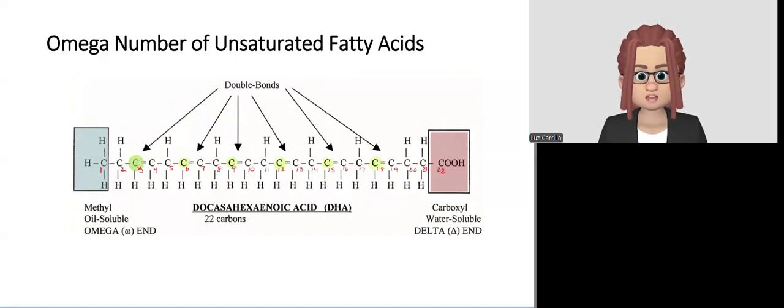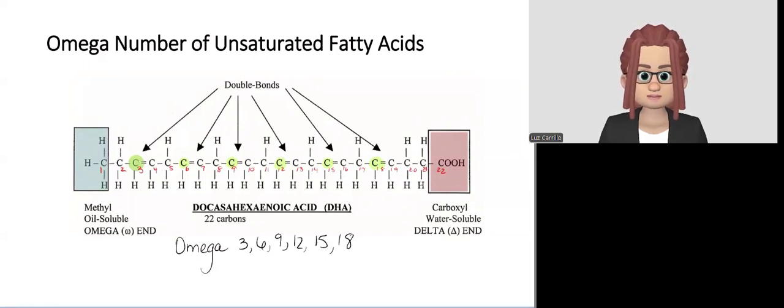So the omega number for this fatty acid is omega 3, 6, 9, 12, 15, and 18. And as you can see, this omega term states all the places within the molecule, when we start numbering at the end opposite from the carboxyl group, of the position of the carbon-carbon double bond.